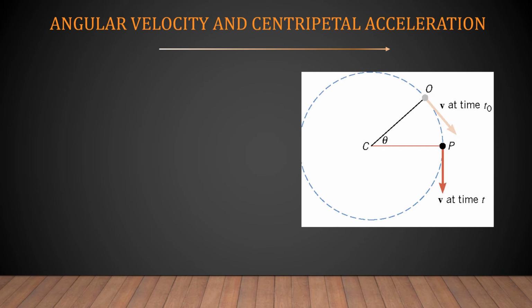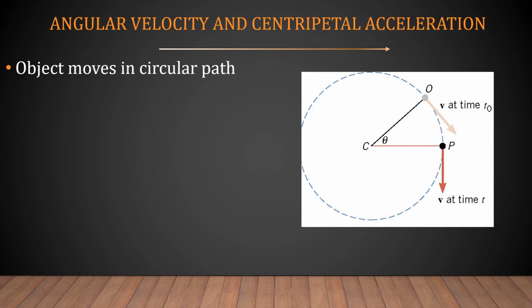Now, this is a circle at different points. At point O, taking time t naught as the initial point, and P is the point after time t. These are two different points having velocity v, perpendicular to the radius, making an angle theta at the origin.